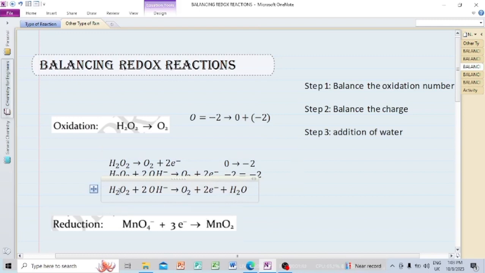So, in this example, on the reactant side, we have H is meron tayong 2, 4. So, ang H natin is equal to 4.